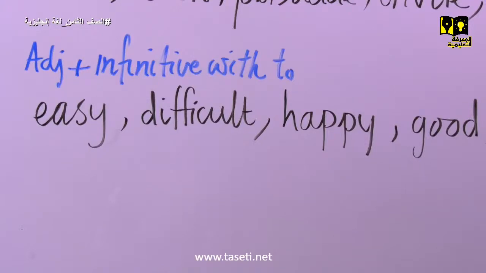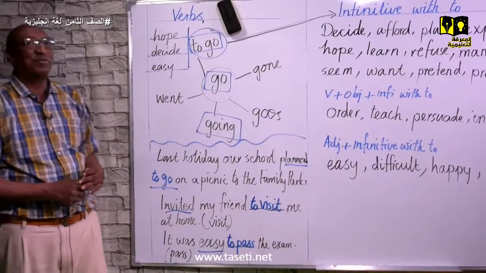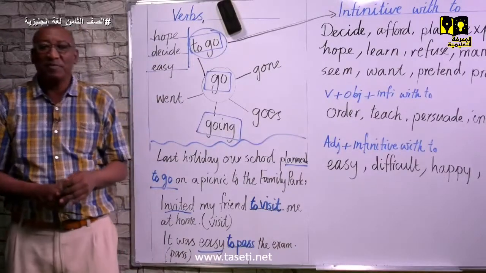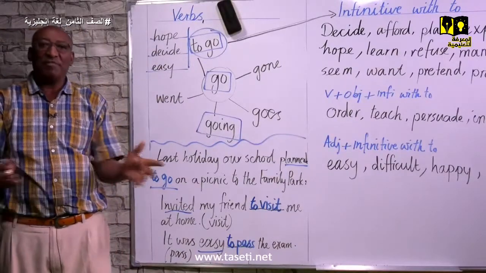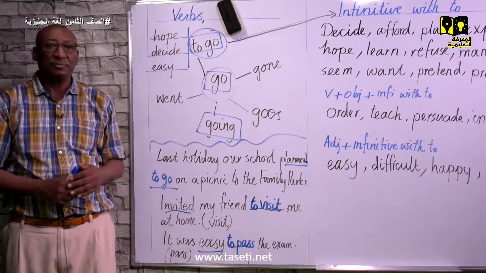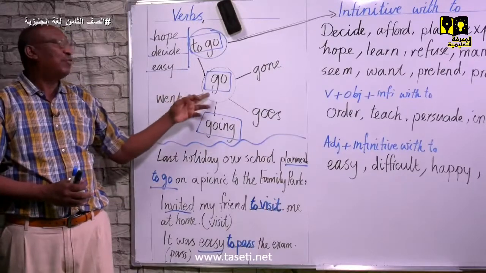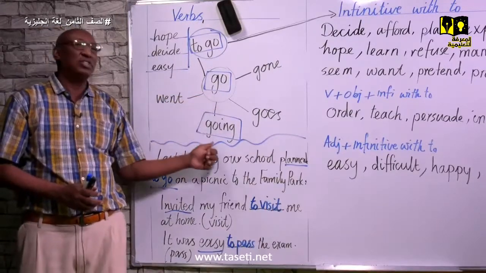It is easy to finish this task early. It is difficult to climb a mountain. Yeah, that's all about the infinitive with to, my dear pupils, for today. I hope that you have understood this simple and easy lesson, which will prepare you when you come to get the infinitive without to and the gerund.